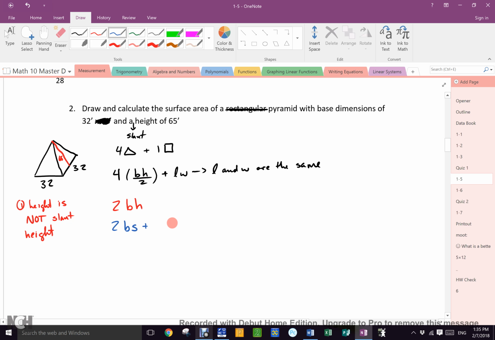And it's B times B, which is B squared. That is how you find the formula of a square pyramid. I forgot the A. I just wrote pyramid.